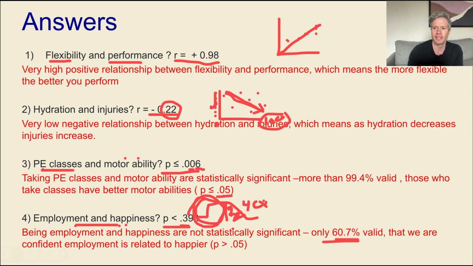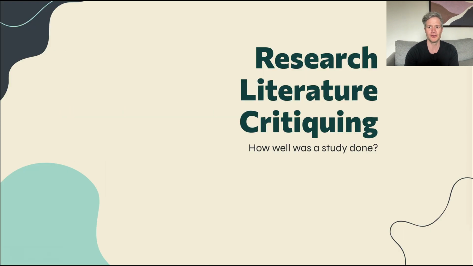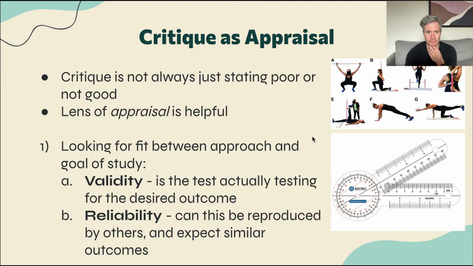Okay, great. So the last component or last step of what you'll be doing after that is your research literature critique. And this is a large part of what your exam is going to be looking at, and any future reports or evaluations of peer-reviewed literature that you're looking at will be done this way.